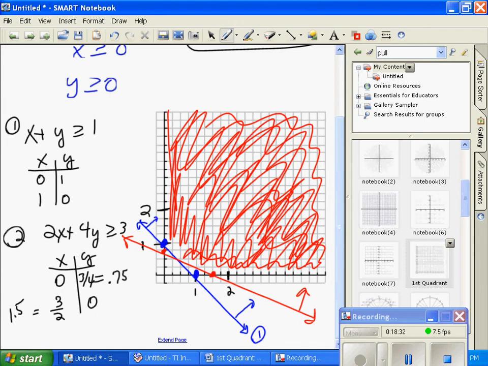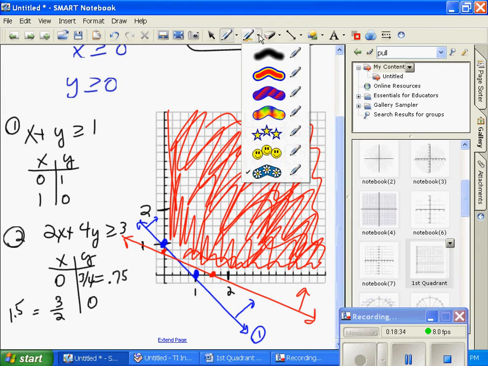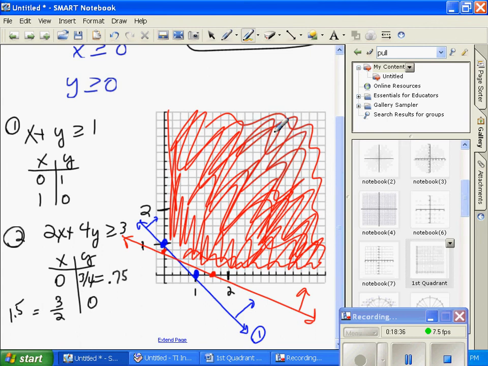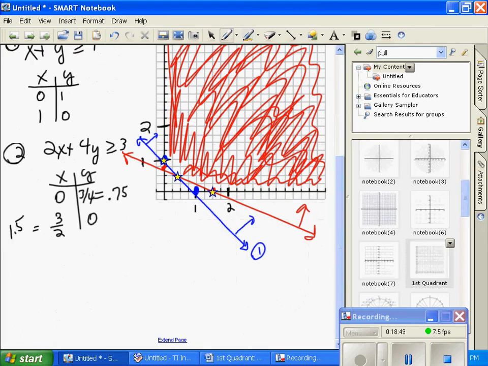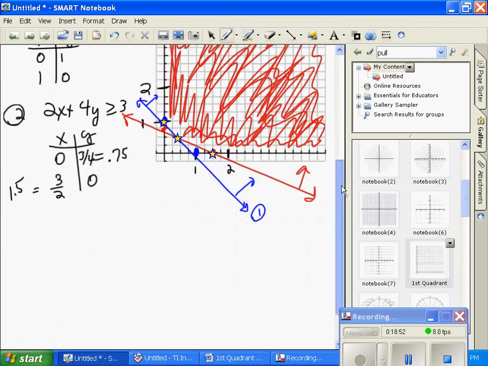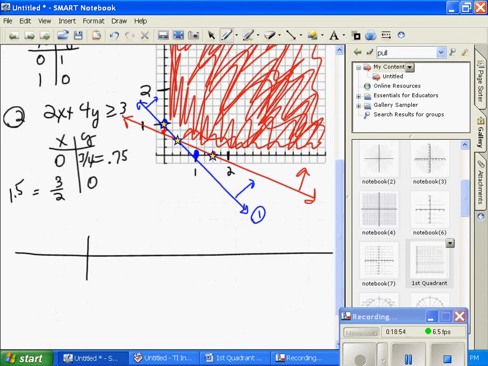Okay, vertices. I'm going to make my vertices stars this time. Now my vertices are the corner points that are touching the shaded area. So I'm going to have that top one right there in the middle and over here. Along the y-axis, let's just start with my chart here.